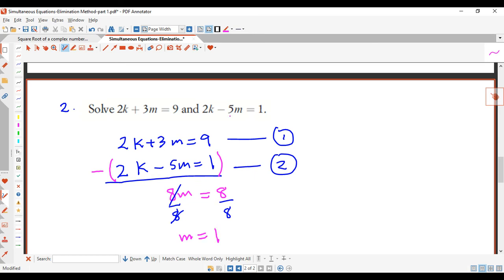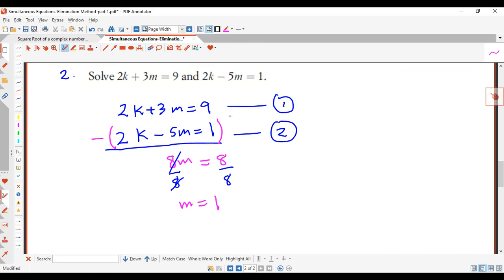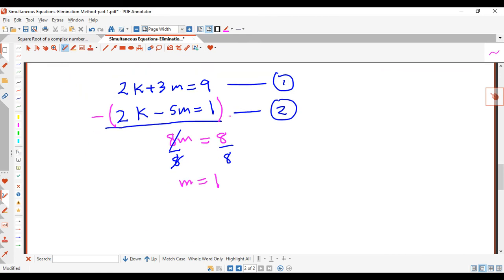I need to find the k value as well. Now choose one of the equations to sub that into. I'm going to choose the first one because it's got all positive signs. It doesn't matter which one. I'm going to say sub m equals 1 into equation 1. Okay, equation 1.